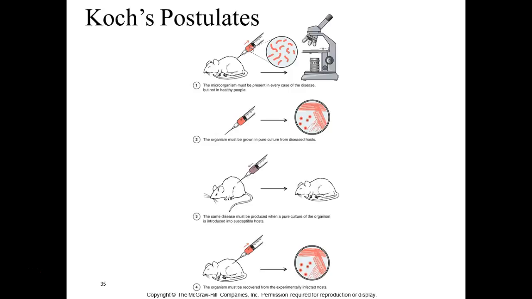Then once you have it purified, you need to be able to give it to a healthy individual and it causes the same disease. Can we do this for all diseases? You've got to have a suitable host, right?